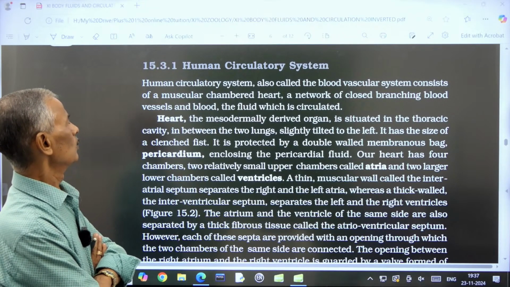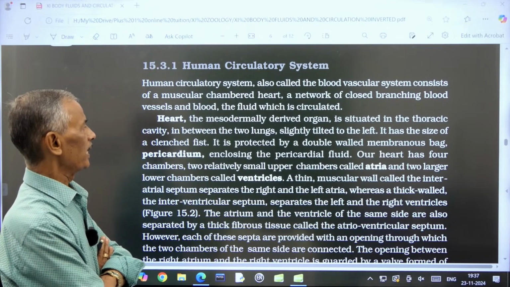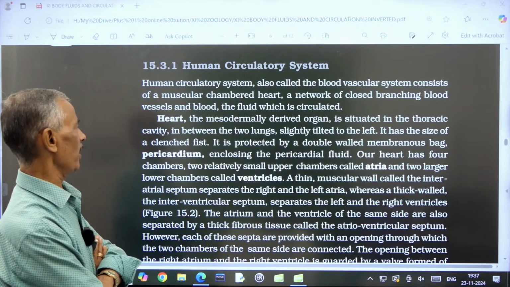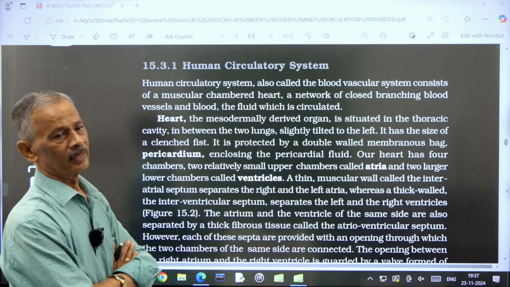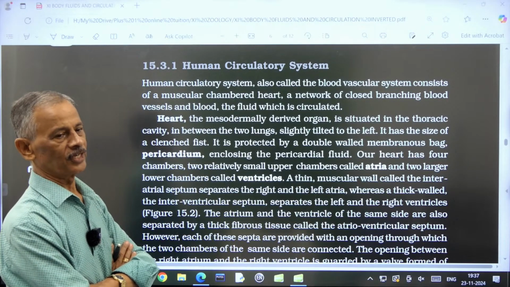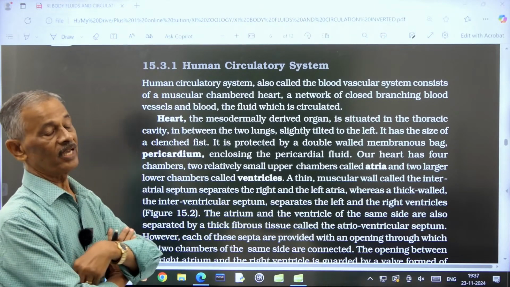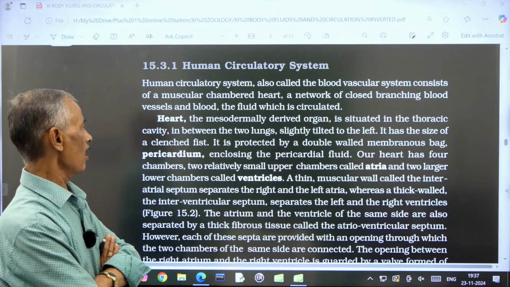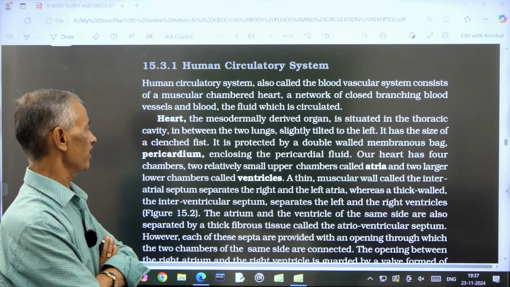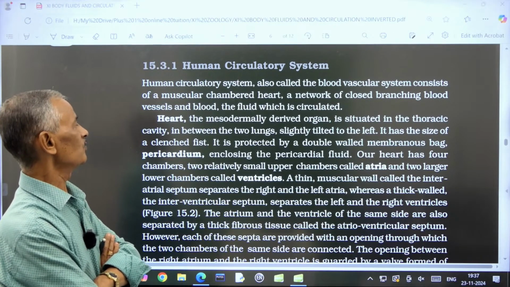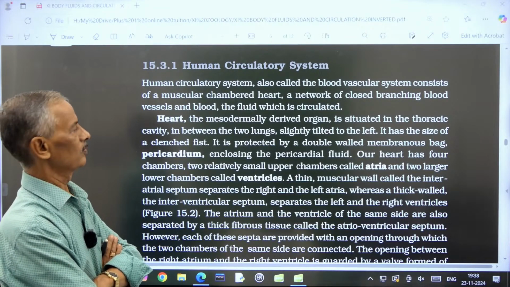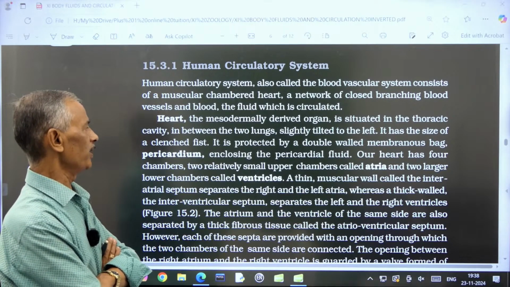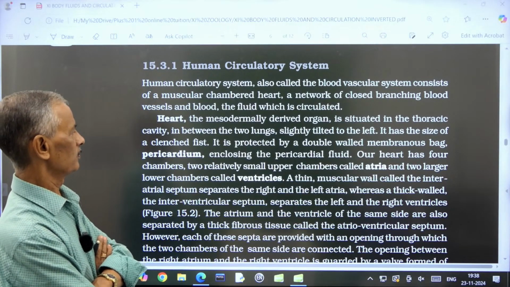It is protected by a double-walled membranous bag called pericardium. It is double-walled, outer and inner, having a small gap in between called the cardiac or pericardial cavity, which is a fluid-filled cavity. That fluid is called pericardial fluid.